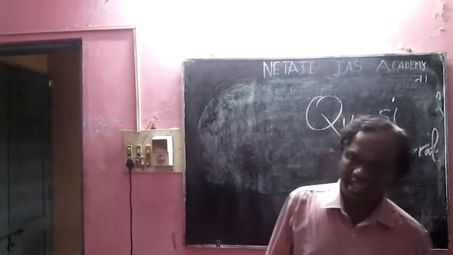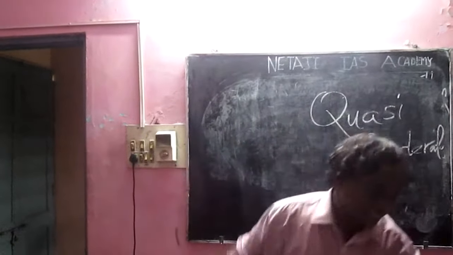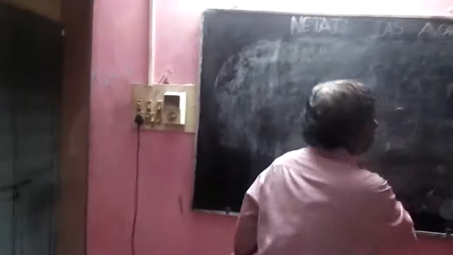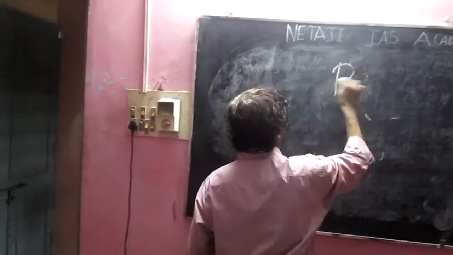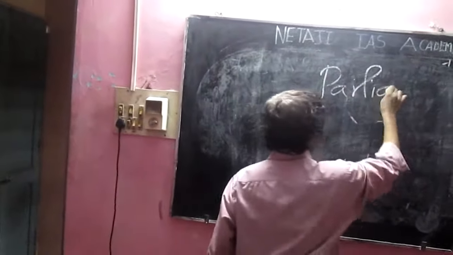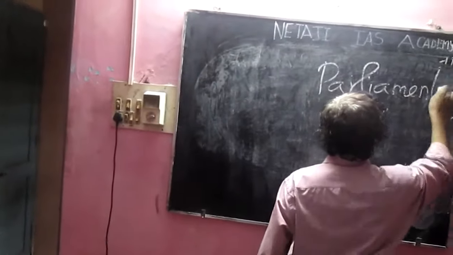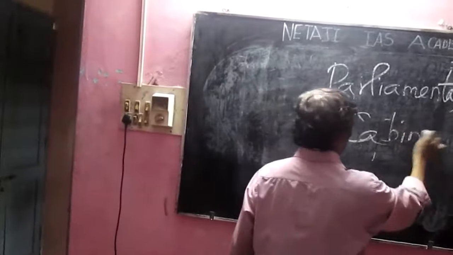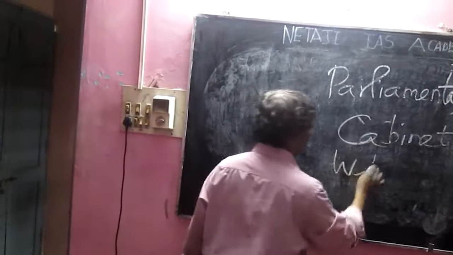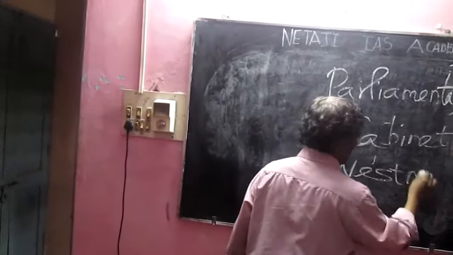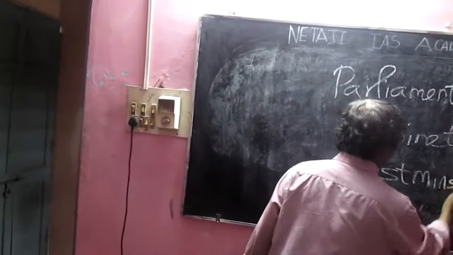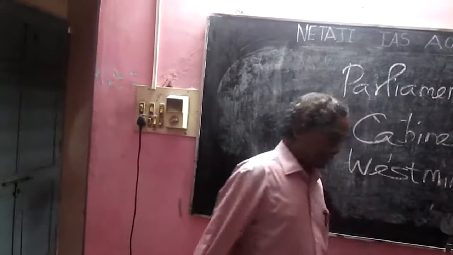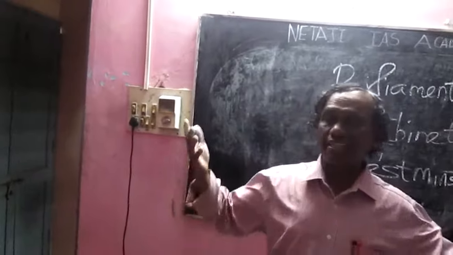Indian Constitution has created parliamentary government, cabinet government, Westminster government. See the spelling. All the three are one and the same.